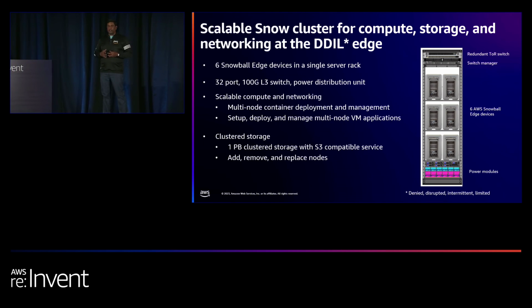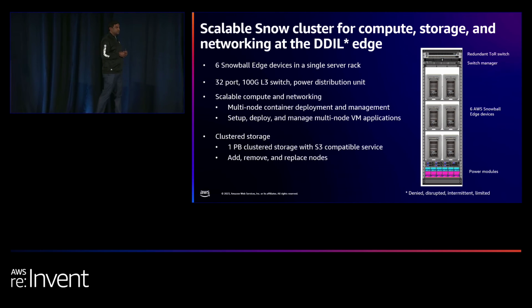So we're offering our customers a full rack integrated solution with those Snow devices. Could be Snowball Edge with 104 vCPUs, Snowball Edge with 210 terabytes of storage, or Snowblade.